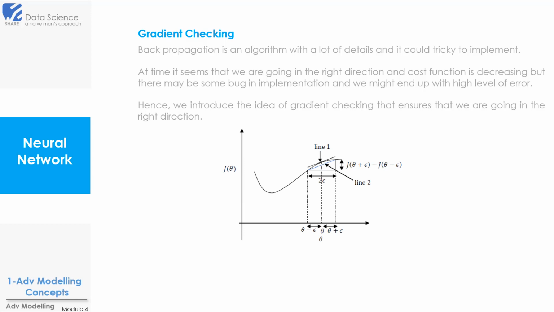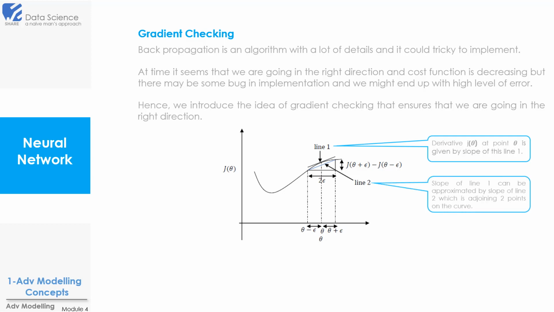So if you see the graph here, we know that derivative is nothing but the slope of the curve at a particular point. So if we want to calculate the slope of the curve at a particular point, we will calculate its derivative. Now to calculate the derivative, we draw a tangent on the curve and then simply calculate the slope of that line. So as shown here, slope of line 1 is nothing but the derivative of J theta at point theta.